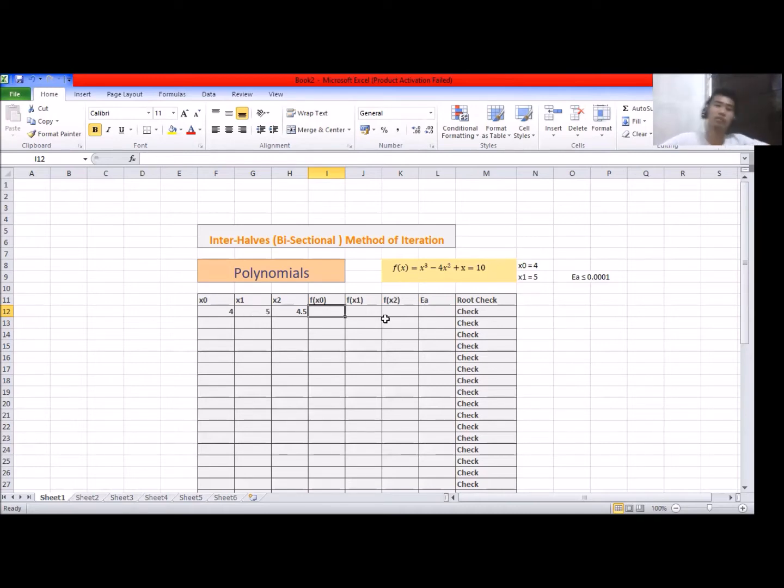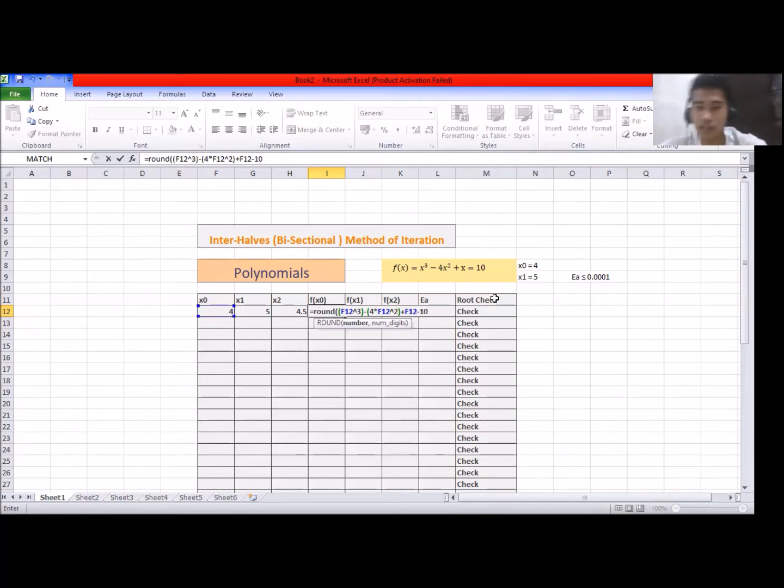So for the function of x0, it was round, then the function: x raised to 3, minus 4 multiplied by x raised to 2, plus x, minus 10.